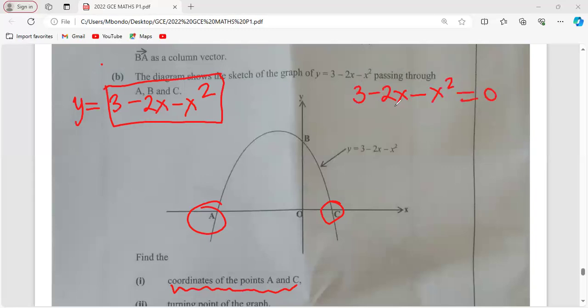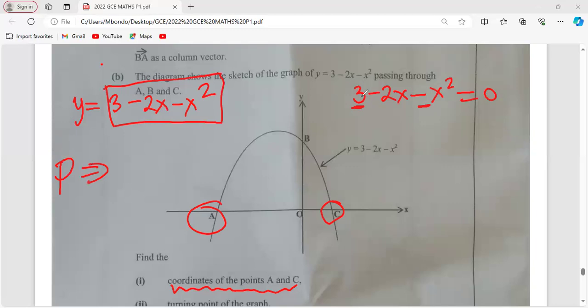Then we have to solve this as a quadratic equation. How do we do that? We could use a number of formulas, but maybe let's try factorization for now. For factorization, we need the product, which we get by multiplying 3, the constant, by the coefficient of x squared, which is -1.